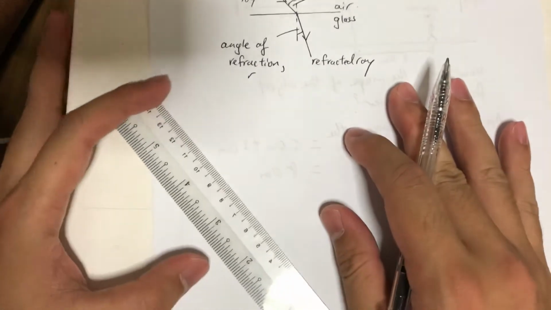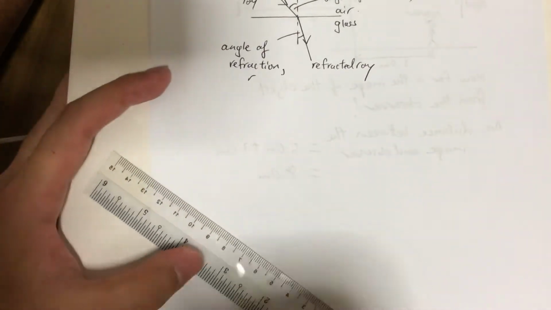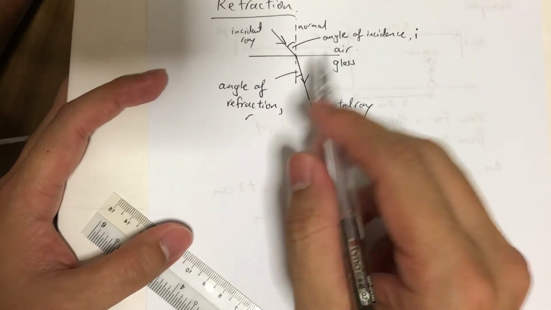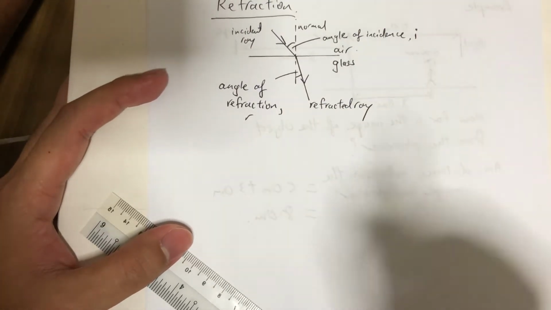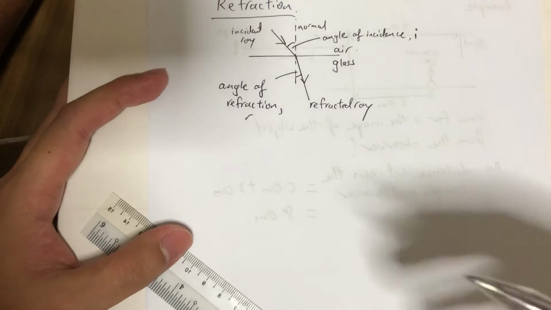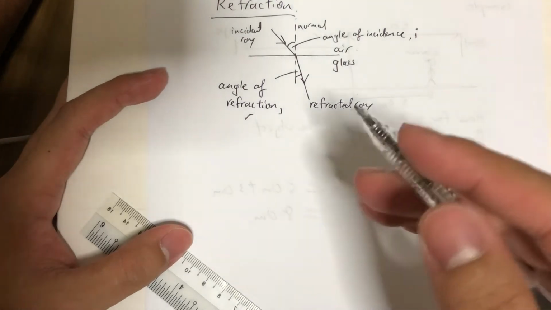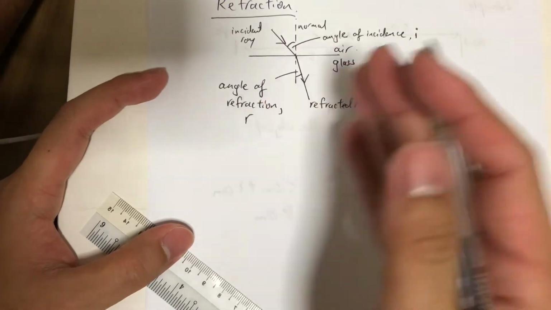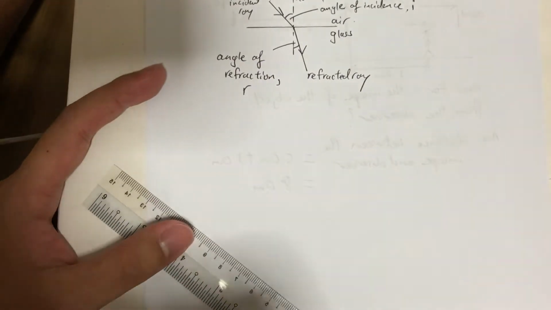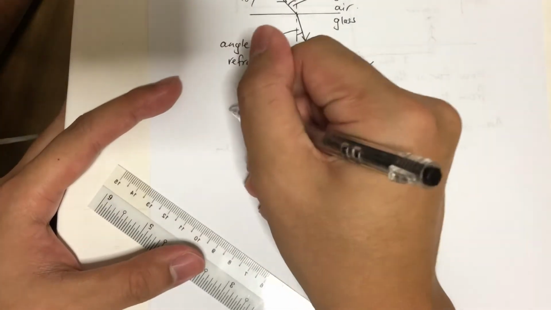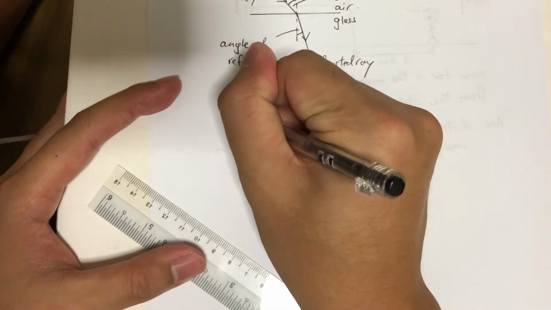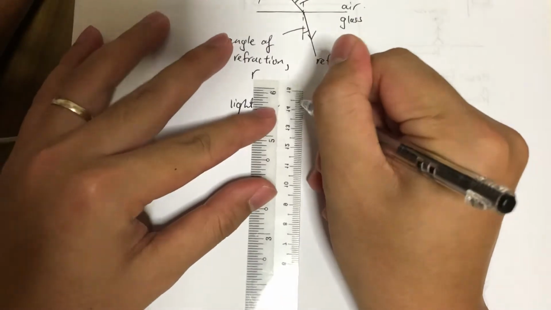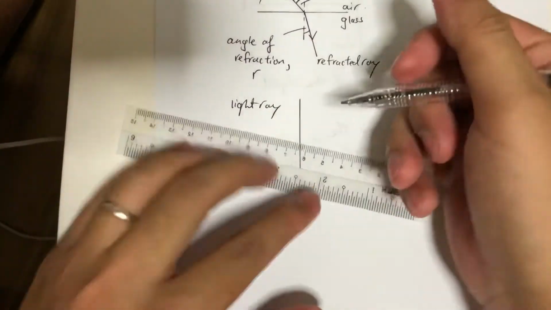So here are some things that you might want to take note of the light ray itself. Basically all these are observations that can be done easily. How does the light ray actually bend? It generally follows these few rules. I'm going to draw a simple table here.